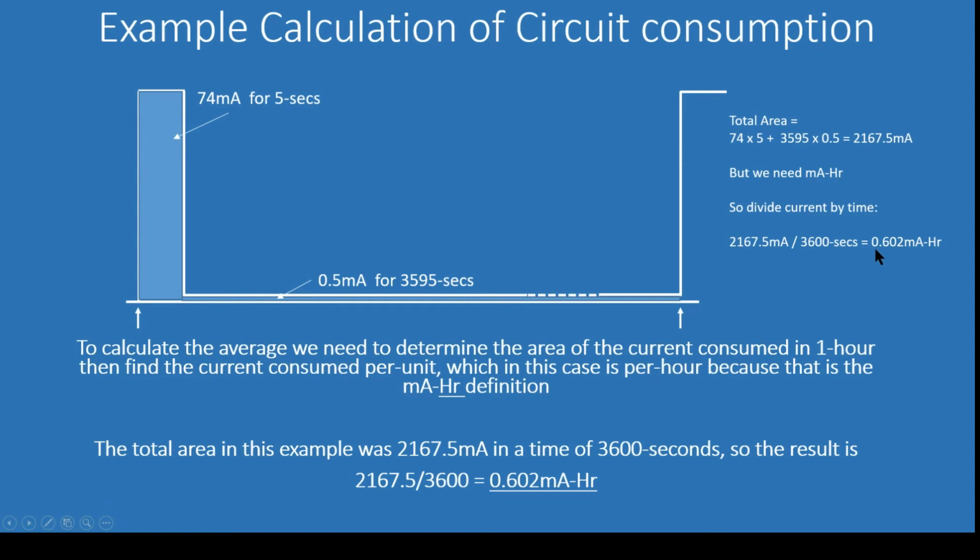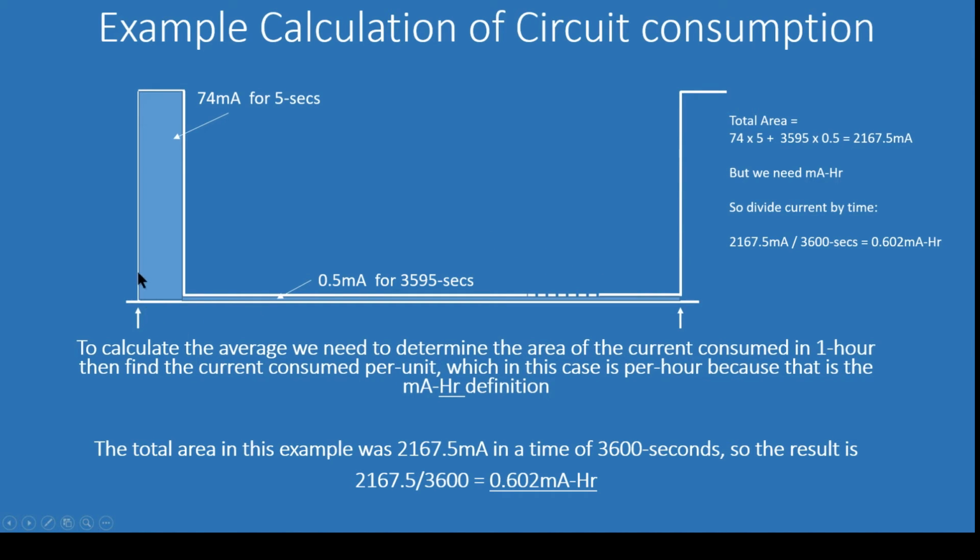Or in a different way of saying that, the circuit demands 0.602 milliamps every hour, continuously every hour. So it's about finding the average.